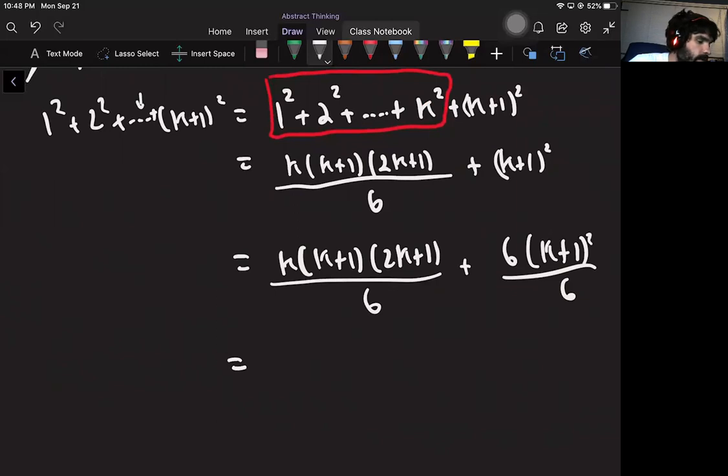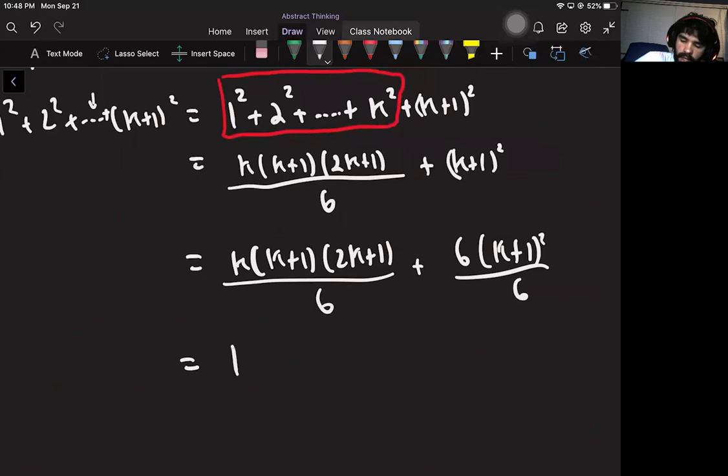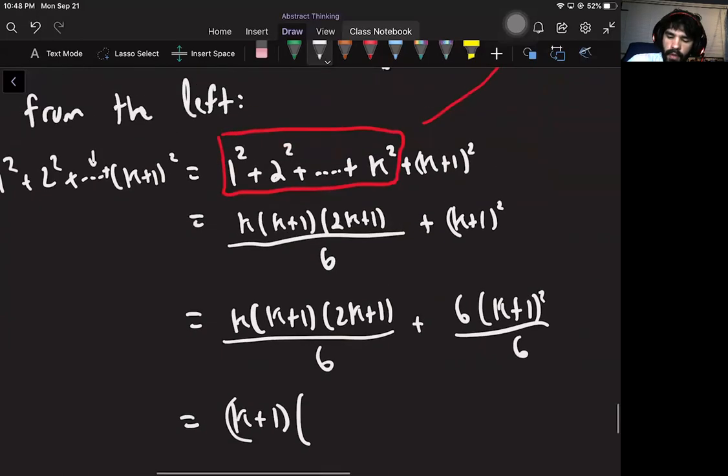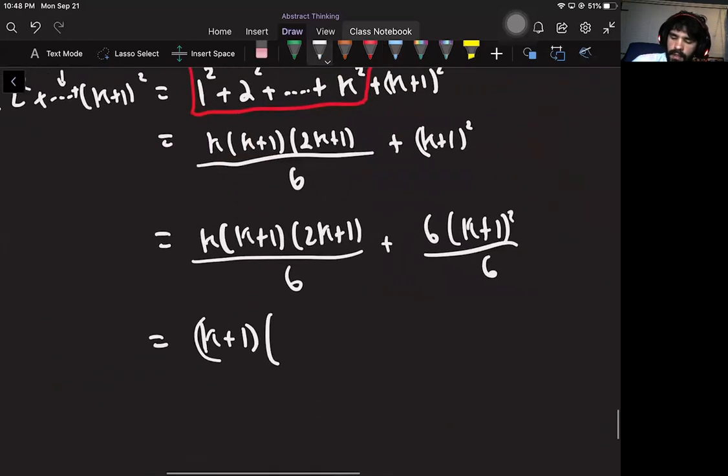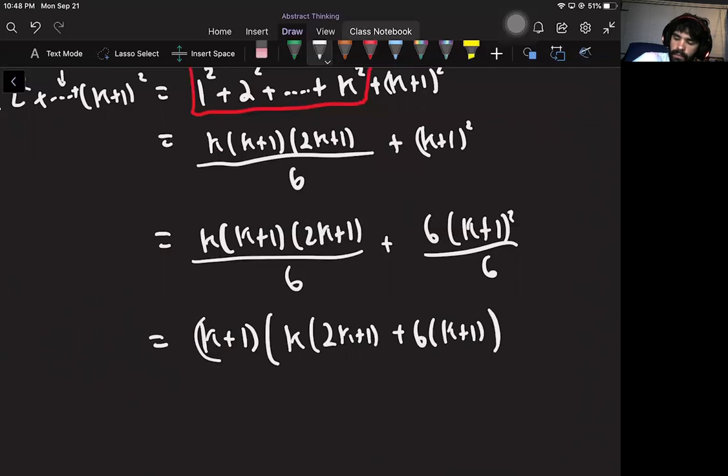Sorry. And then we're gonna pull a fast one. We're gonna factor out a k plus 1 from both when I combine denominators. Why is that? It's because I know there's a k plus 1 over here that needs to be out in the front, and also factoring out makes things easier on the inside. So what's left? k times 2k plus 1 plus 6 times k plus 1, over 6.